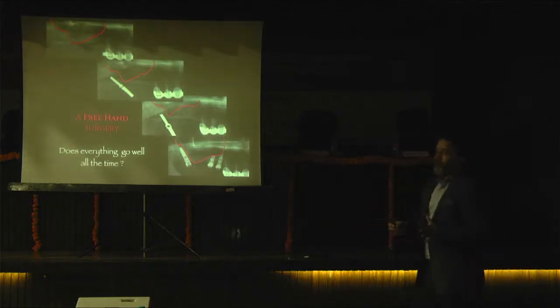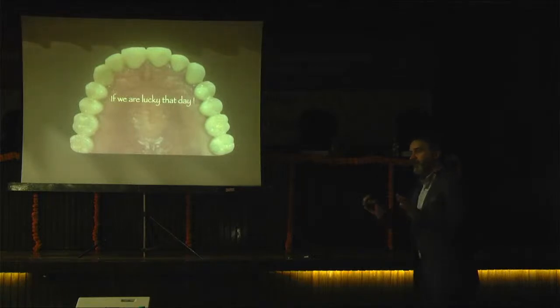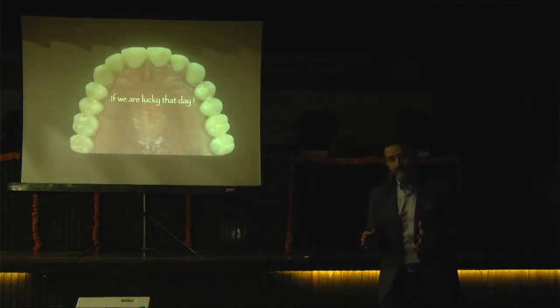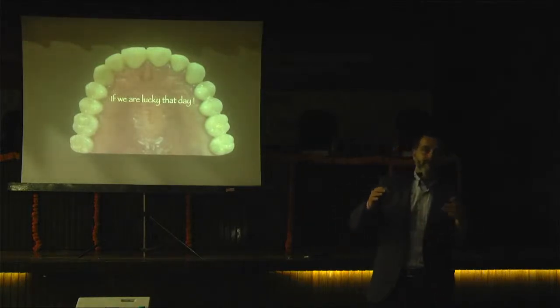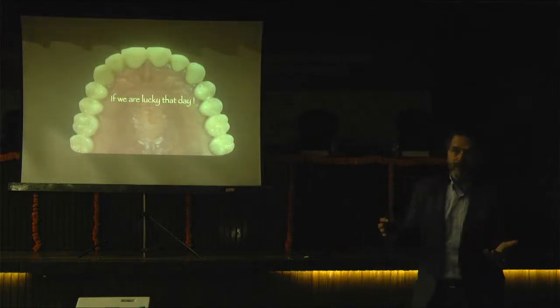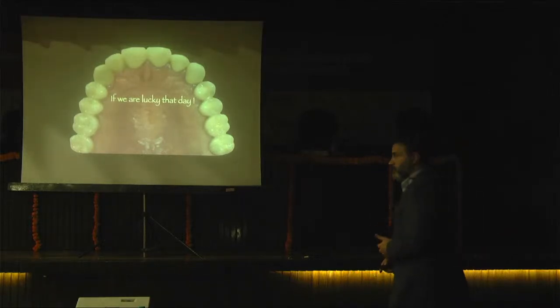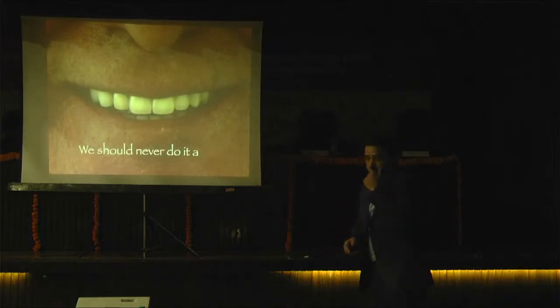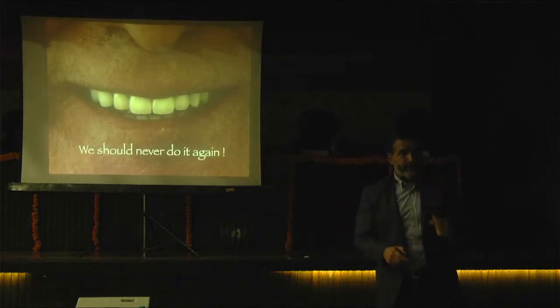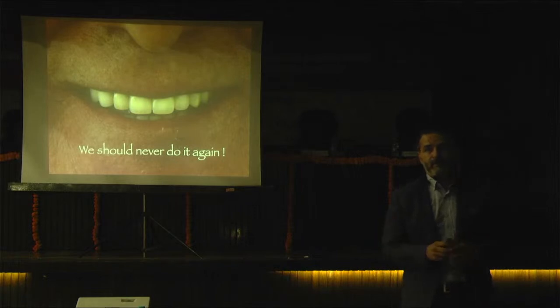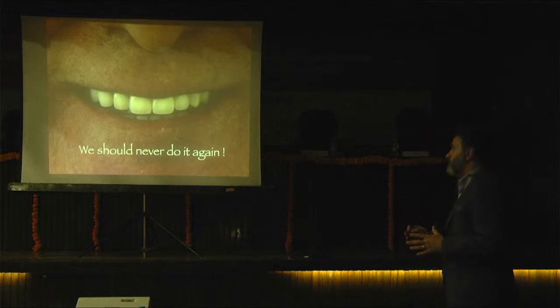Does everything go well all the time? Definitely no. But if you are lucky, if you didn't quarrel with your wife or husband, and if the patient opens his mouth very well, everything looks good, but we never do it again because it's a very, very big mess.